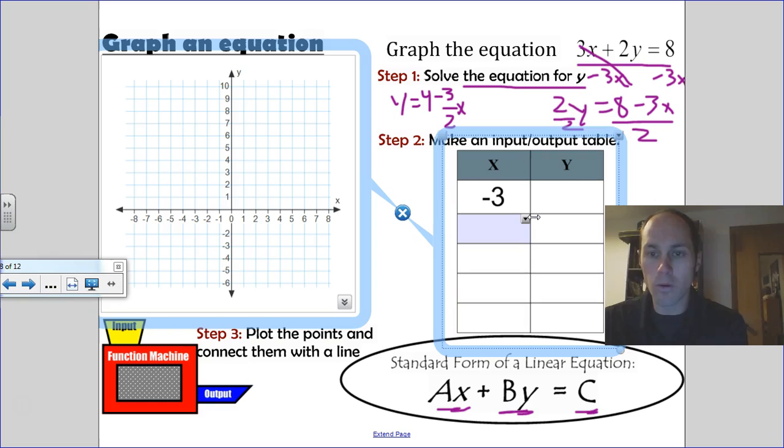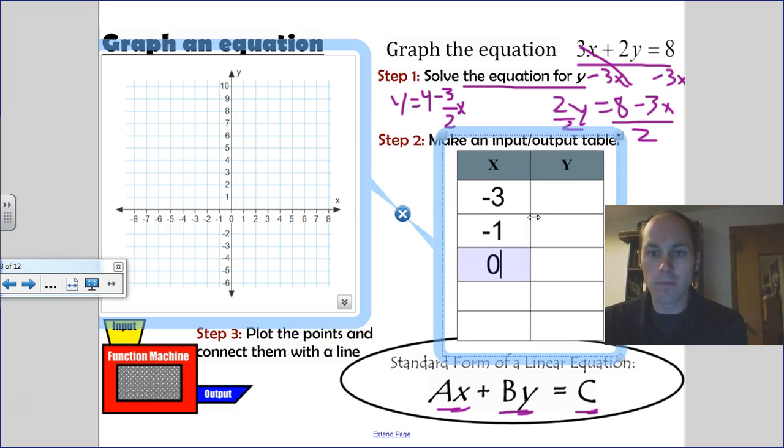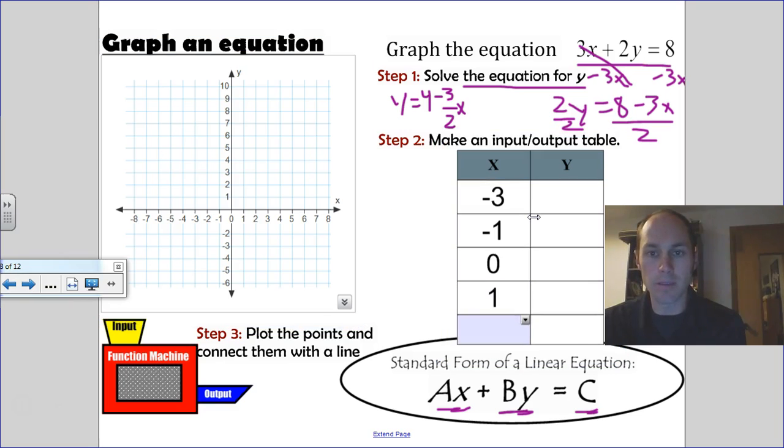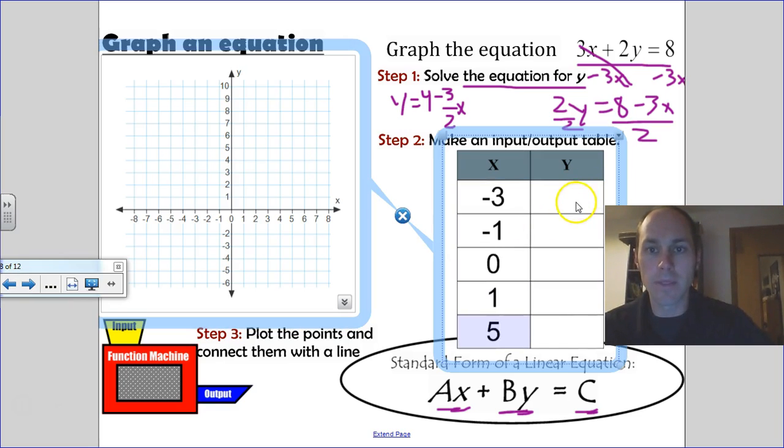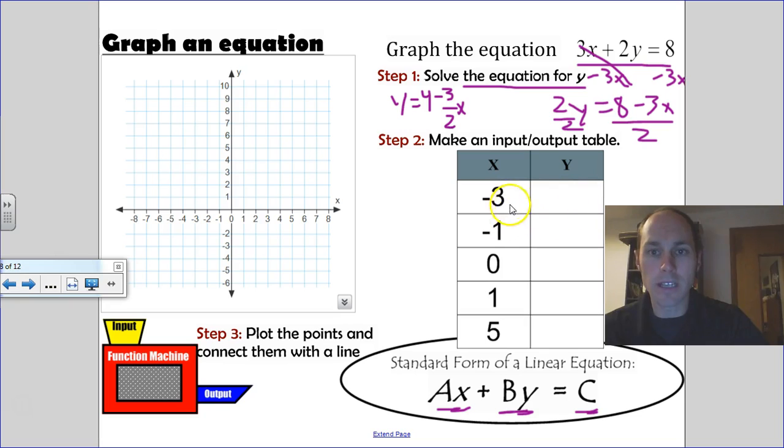They don't always have to be in order. Then 0 is always a good one to try, and then maybe a couple positive numbers. Once we do that, all we have to do is evaluate these x values for the given equation. So we just evaluate.